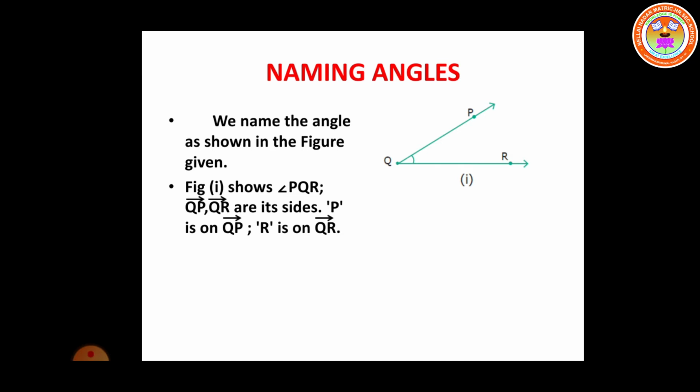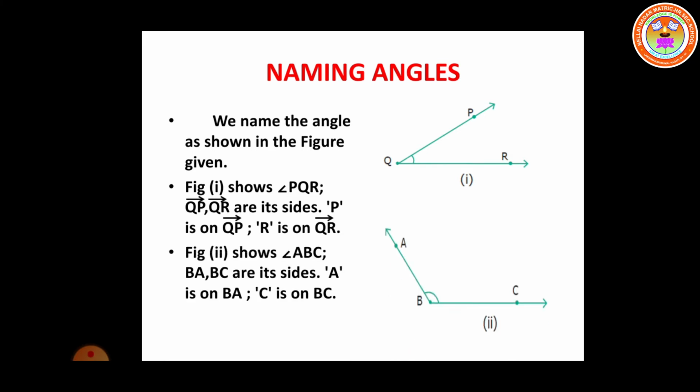P is on the ray QP, R is on the ray QR, and Q is the vertex. See the next diagram. The second diagram shows angle ABC, where the ray BA and the ray BC are its sides. A is on the ray BA, C is on the ray BC, and B is the vertex.